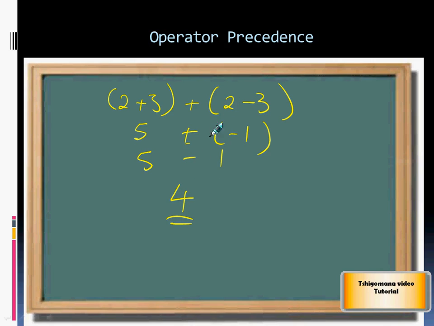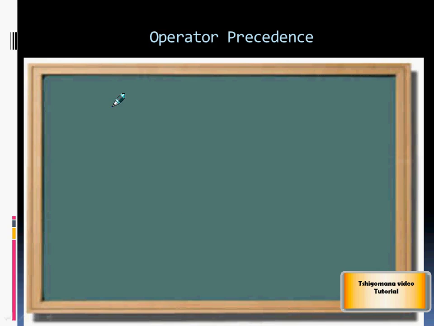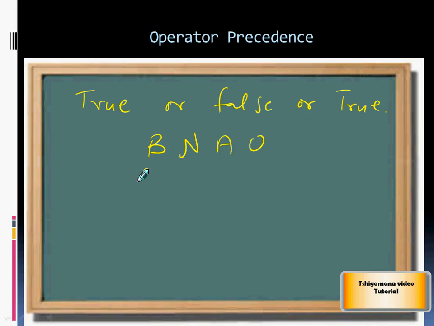I'm going to give you another example. Let's say for example we have true or false or true. Here we are going to use the principles of binary logic. In other words, it's brackets, then not, then and, then or.